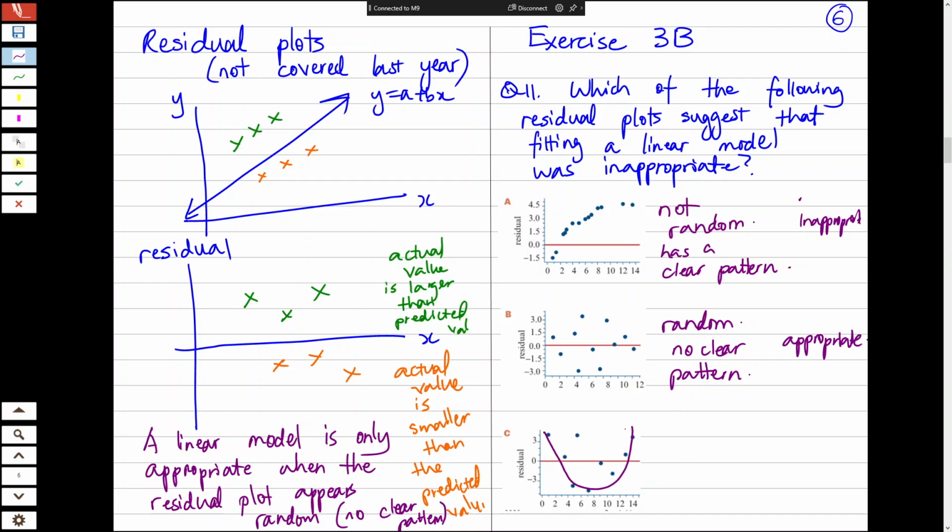I don't see it either. If you told me there's no clear pattern, I would mark you correct. But as far as I remember, when I check the answers, they think that there is a pattern here. Maybe just check that for me, that I'm not hallucinating. So it's question 11.